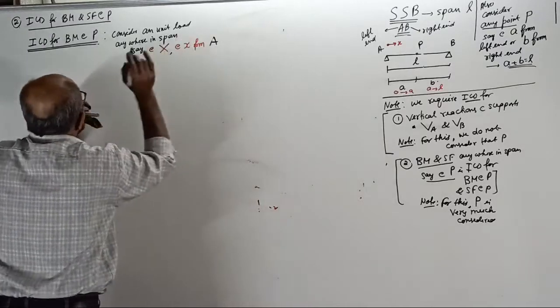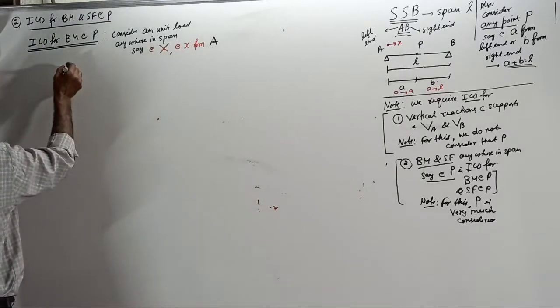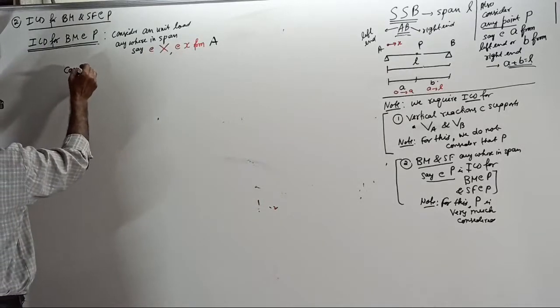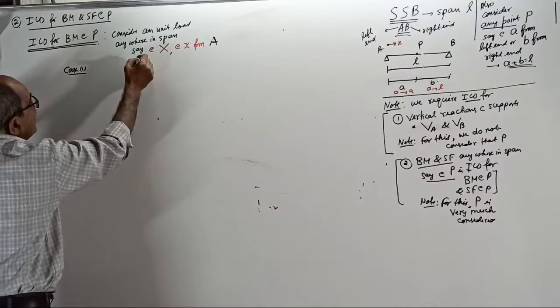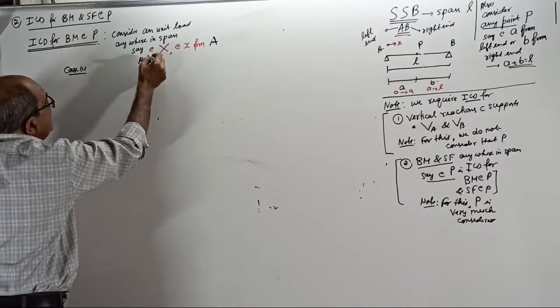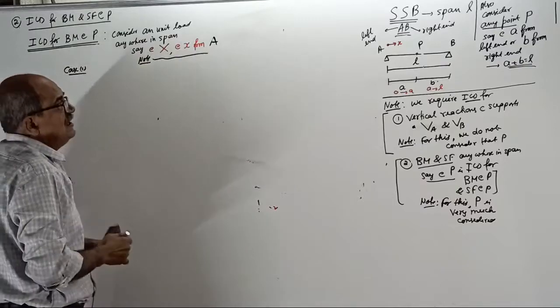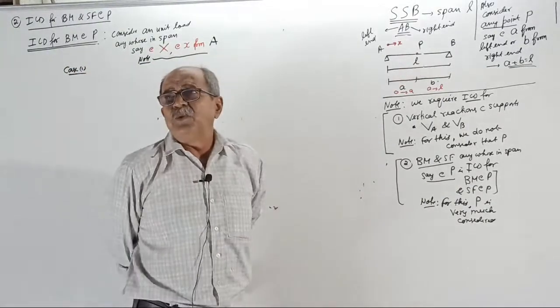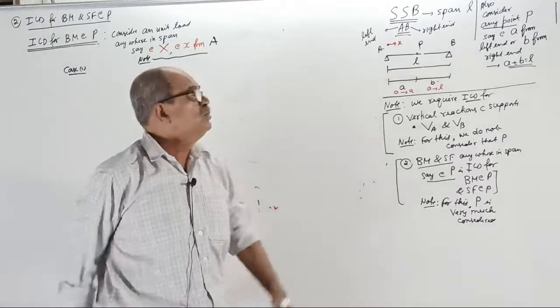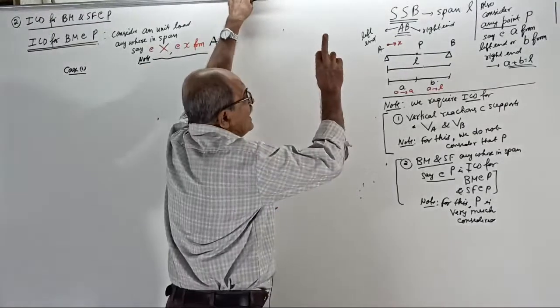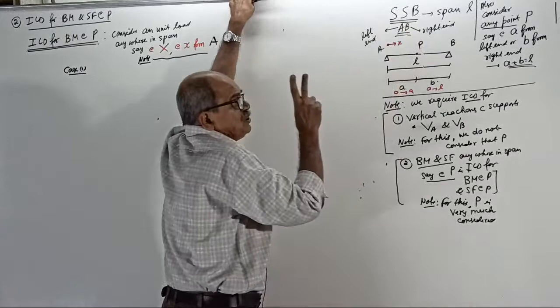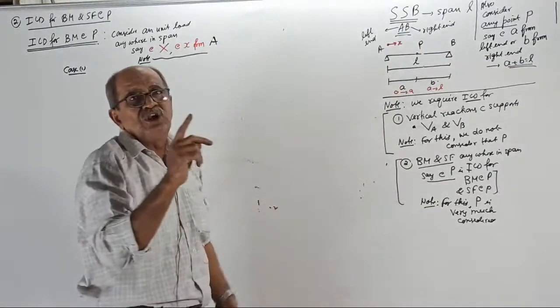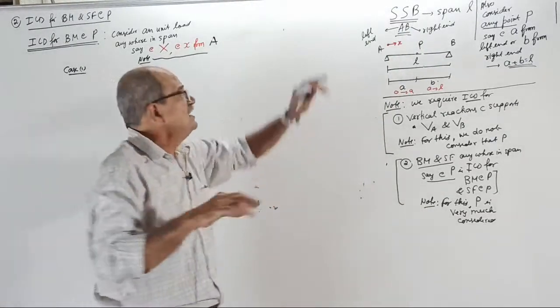X from A. Okay, now, see, now consider case 1. You make a note here. You should write a note. There is a point P here. Therefore, a single stretch you cannot do. You have to find the BM at P for the load occupying two different portions.